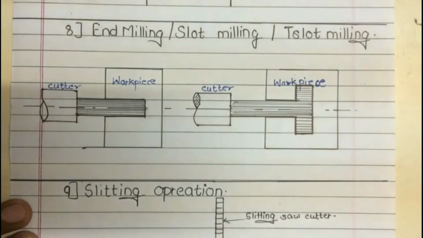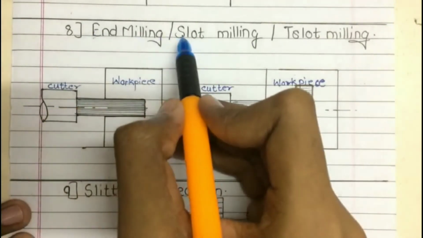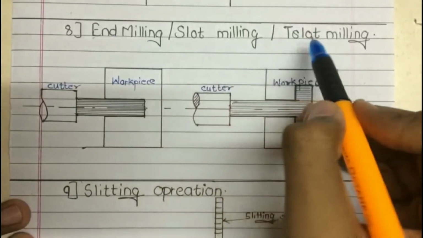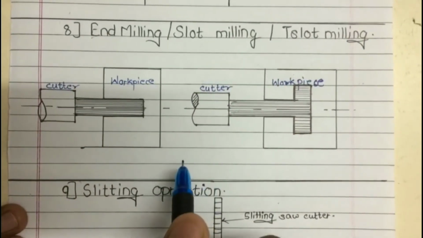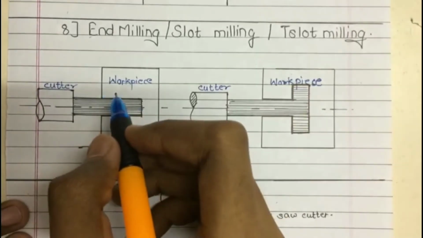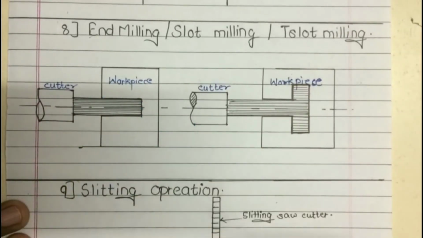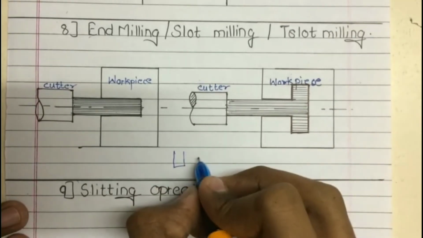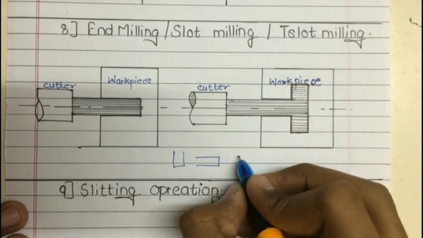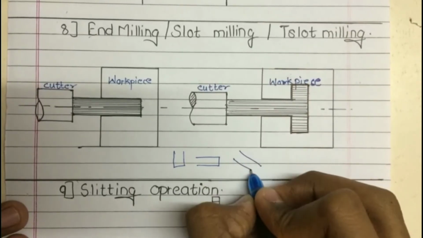Now we will see the eighth operation, which is end milling, slot milling or T-slot milling. This operation is used for producing flat surfaces which may be vertical or horizontal or can be inclined at any angle.